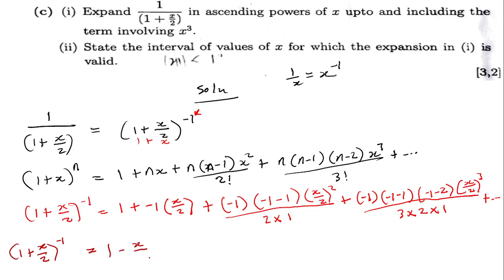Then you say plus, I'll simply work out negative 1 times negative 2, which is simply positive 2.